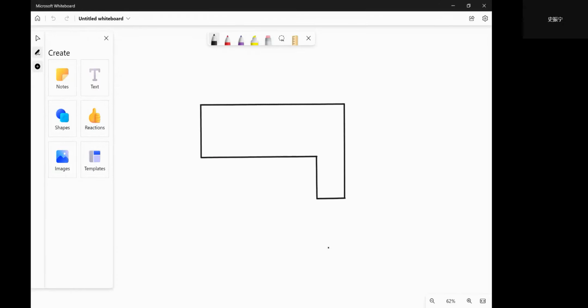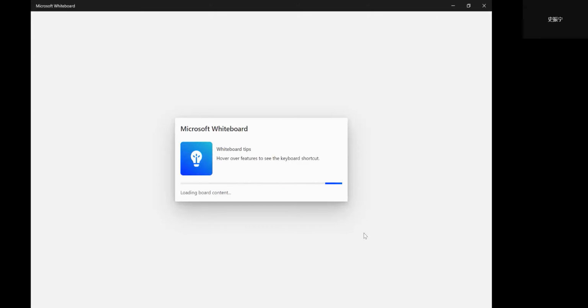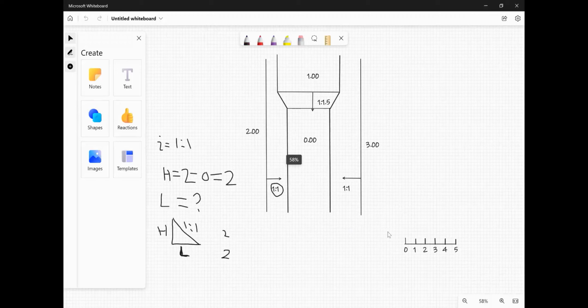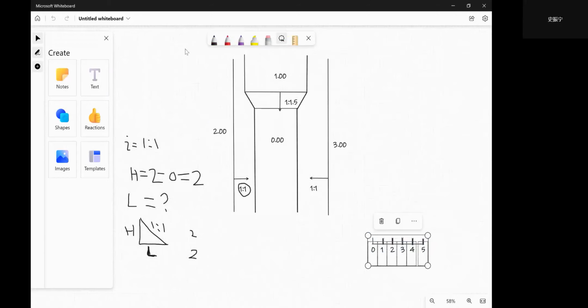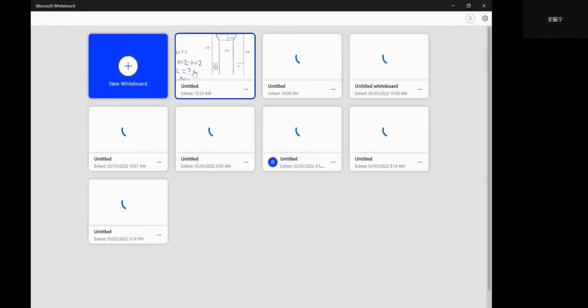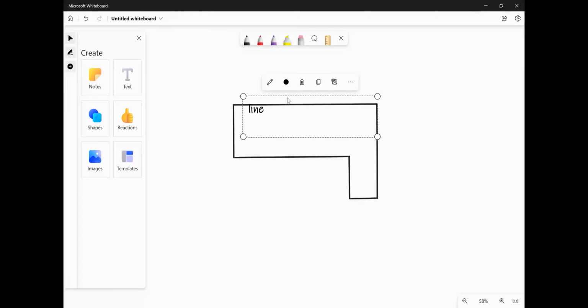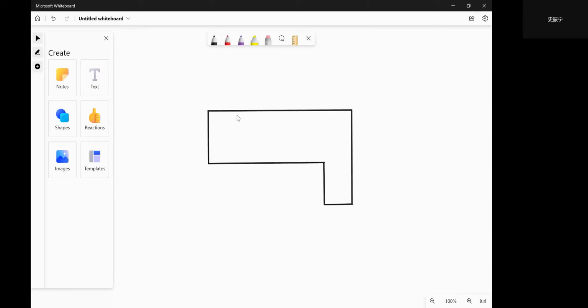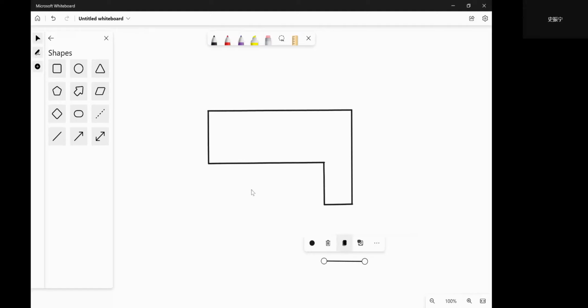For example, like this. Okay, I'll draw. I can copy the scale ruler. Sorry, I have to draw it again.